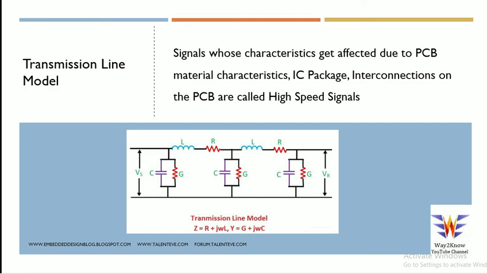These signals which get affected are basically affected due to the resistance and inductance that are associated with the transmission line. So what we can say here is basically the traces on the PCB can be treated similar to a transmission line at those particular frequencies which get affected.